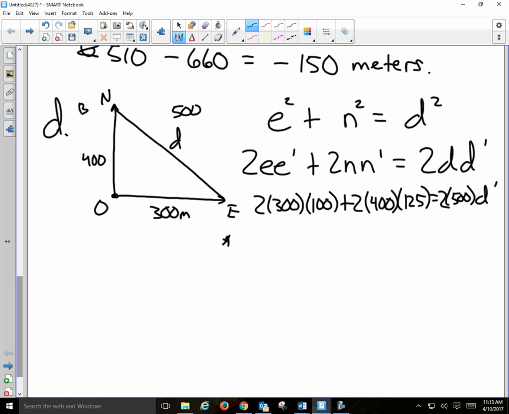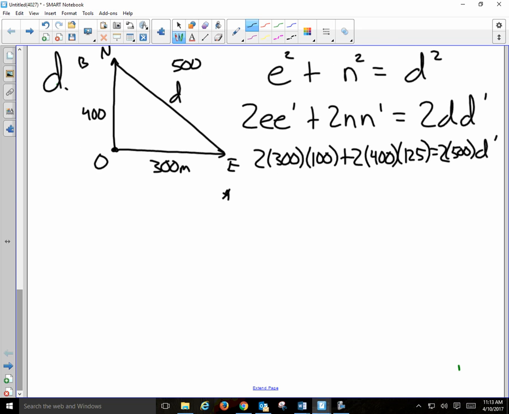Now, since I don't get a calculator, I'm going to do some fancy mathematics. Can I just divide through by 2? Can I also divide through by 100? So we're going to get 300 plus 2 times 4 times 125 equals, well, the 2's gone. Never mind. 4 times 125 is equal to 2 is gone, so 5d prime.